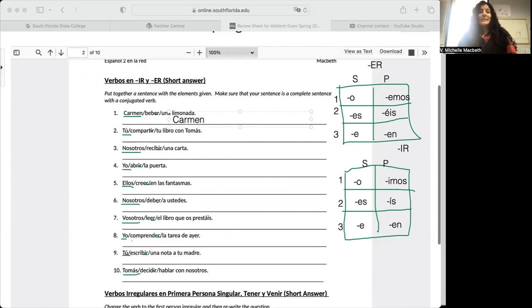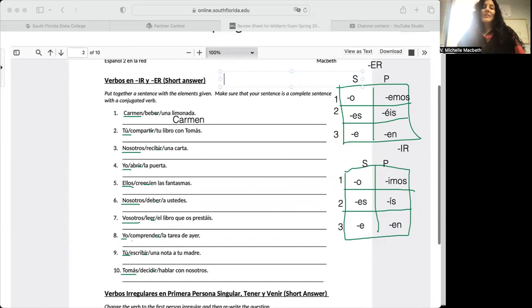Oh, well, before we do this, let's just do one more thing, right? What would be one more thing that I might want to think of when I'm thinking about putting these together? I want to think, well, in Spanish, as in English, how do I want to put a sentence together?